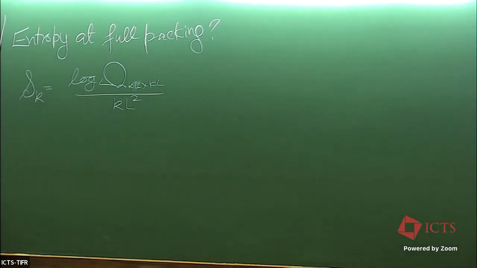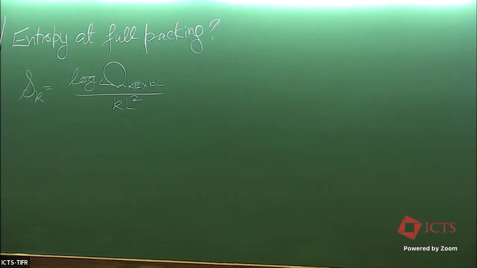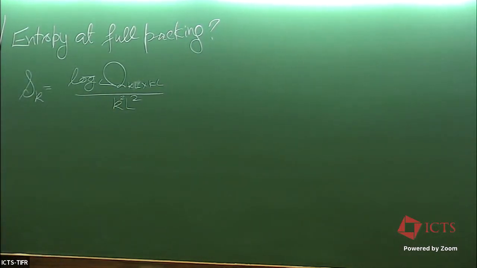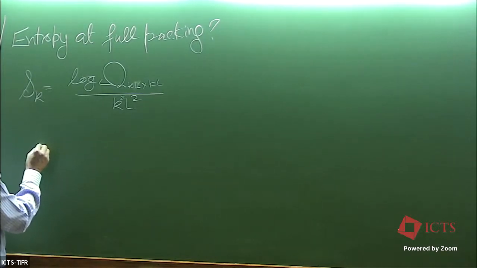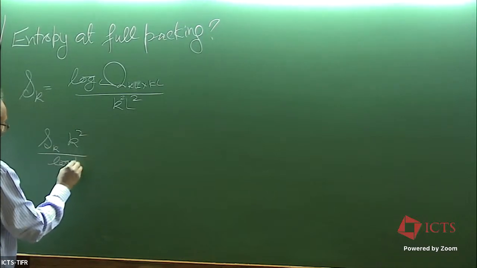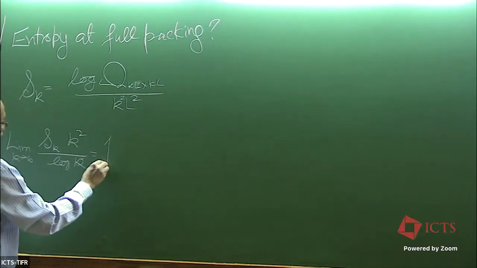It can be fully covered with k-mers. I find out the number of ways you can cover it, take the log, and divide by k squared L squared, which is the number of sites in the lattice. So this is the entropy per site at full packing. The definition is clear, and we will show that S_k times k squared by log k, in the limit k goes to infinity, is also 1.